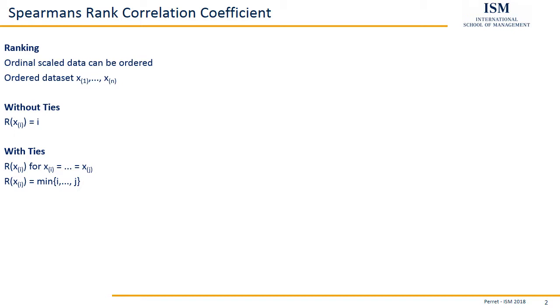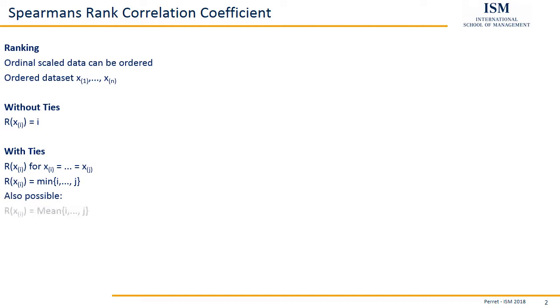So in the case we have 1, 1, 1, this would mean all three would be assigned rank 1. So I would have rank 1, 1, 1, and then for the next one, which is actually at the fourth position, would have rank 4. So I would skip rank 2 and 3, and the first three would all be assigned rank 1.